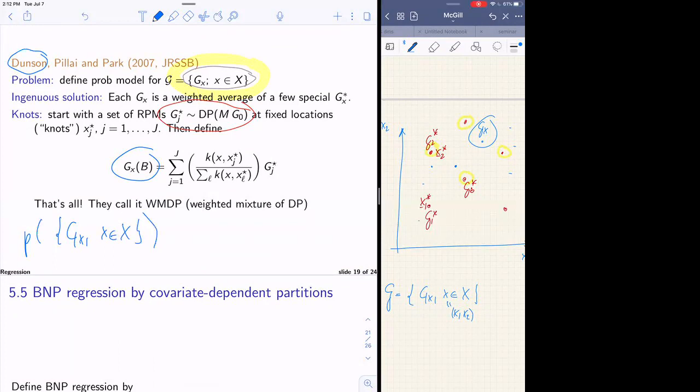Remember our first slide today: we think of regression as just probability models for families of distributions indexed by X. So we had now two of them, the DDP and the weighted mixture of Dirichlet processes.